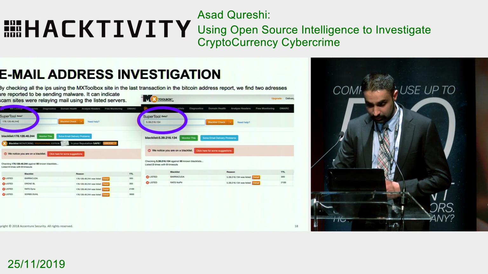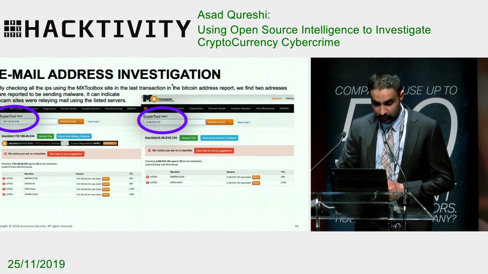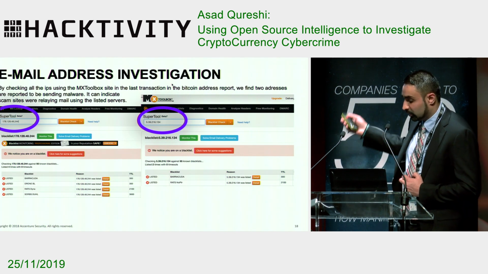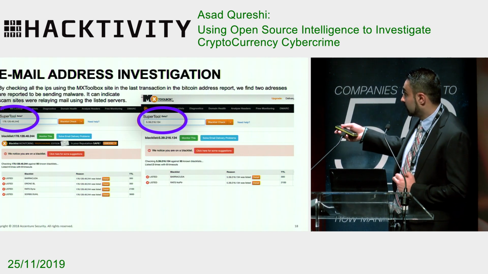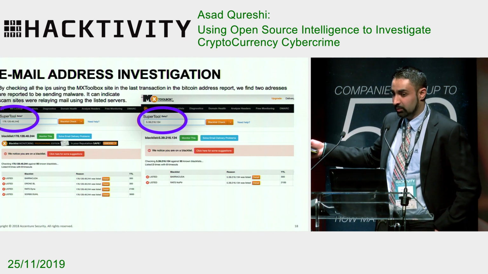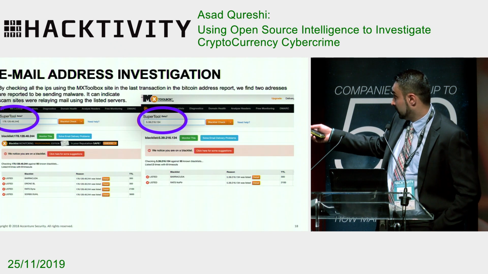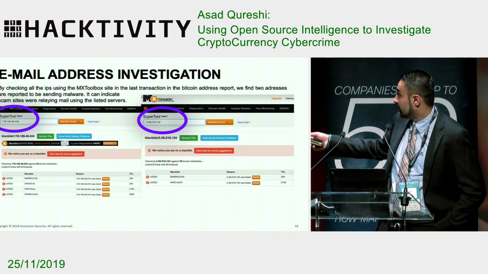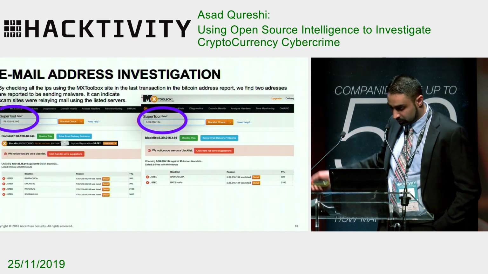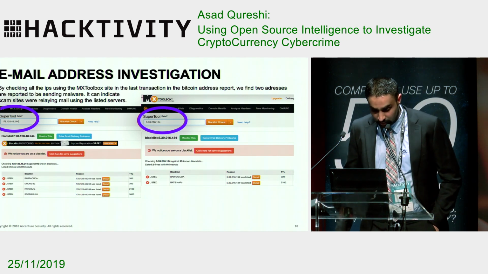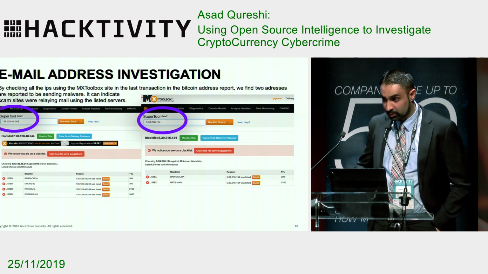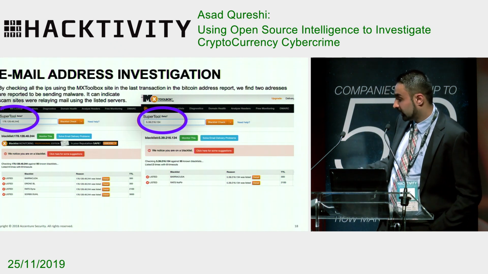Okay, so MX Toolbox. We also took that IP, which we knew was involved in cybercrime, and looked it up on MX Toolbox. And that gives us some information that that particular IP was already on a blacklist.